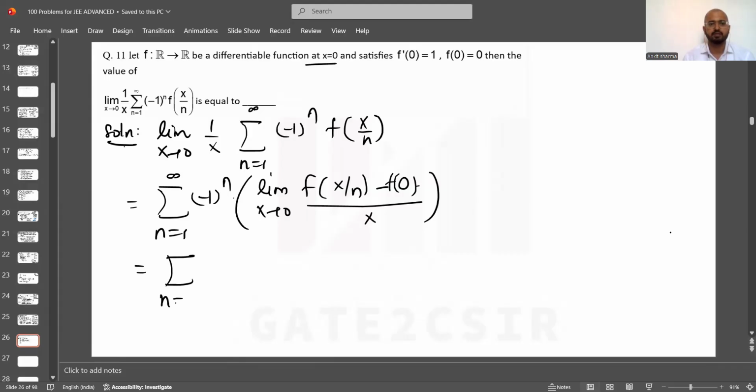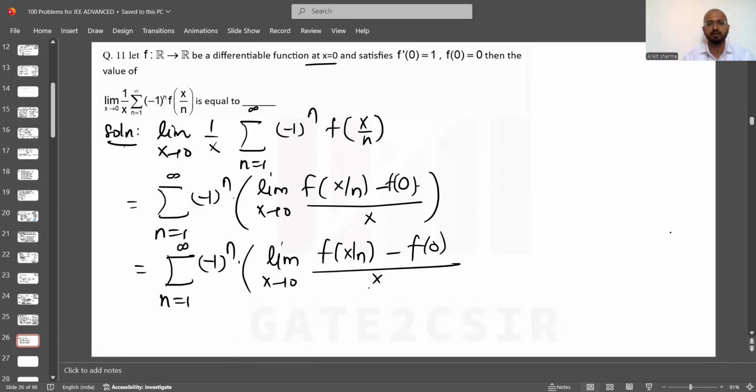So limit x tends to 0 of f of x by n minus f of 0, divided by x by n, and then n here. So basically, this portion will be simply f dash of 0 because of the definition.